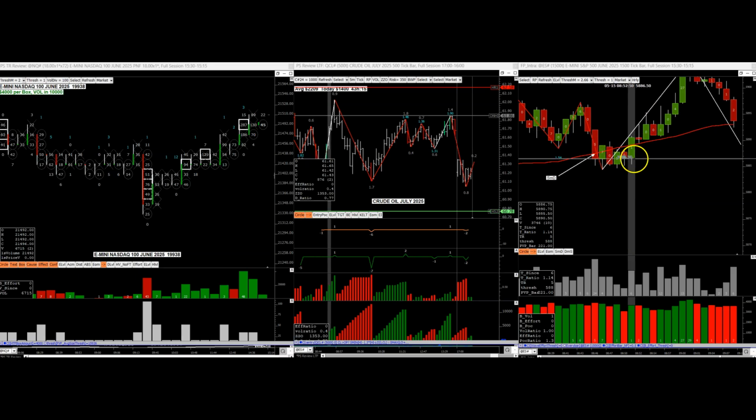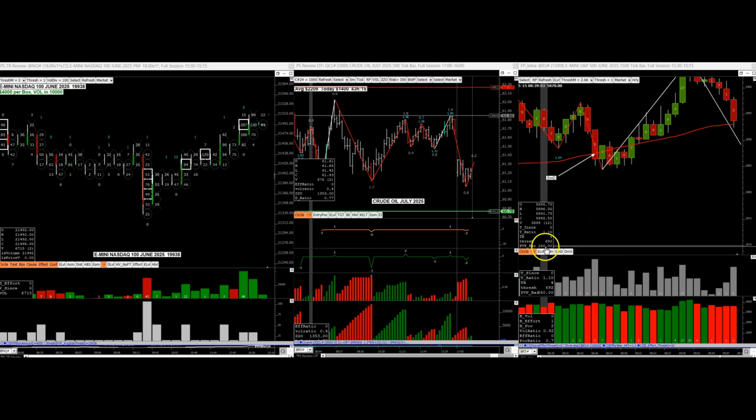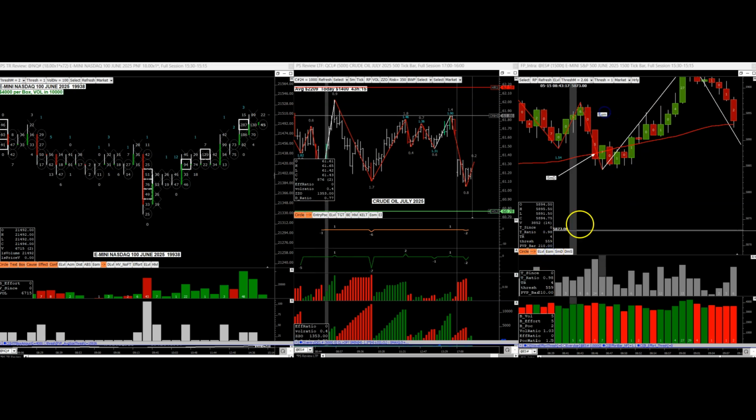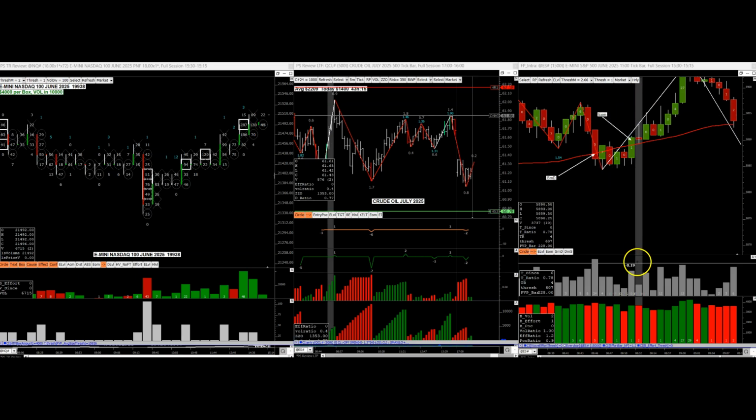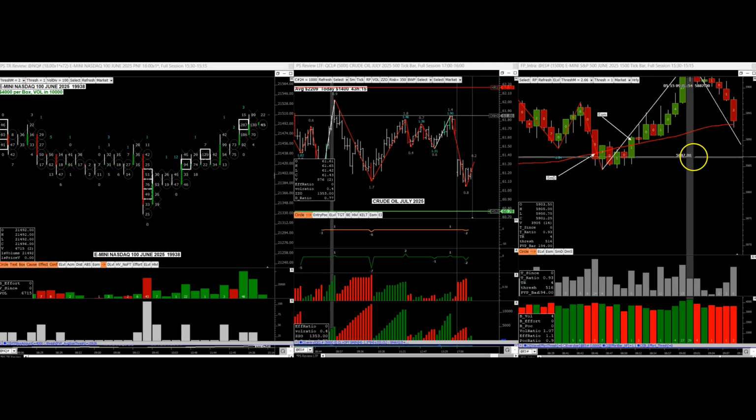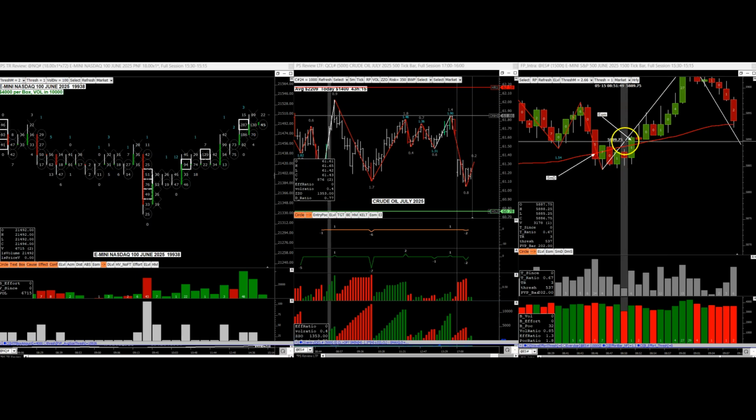You don't get that until this bar. That's your ease of movement. In fact, that's the biggest green bar in 6 green bars. So that's why it works.